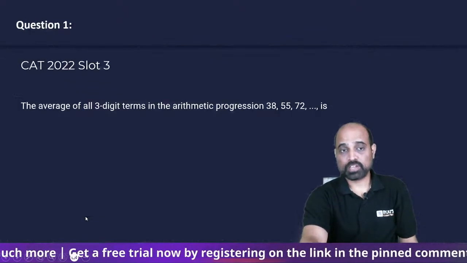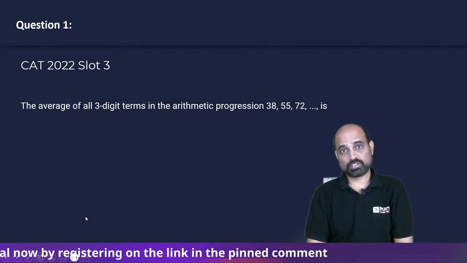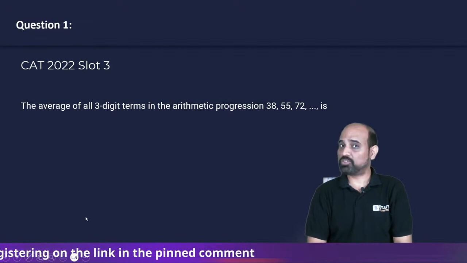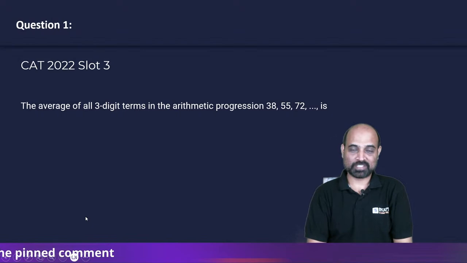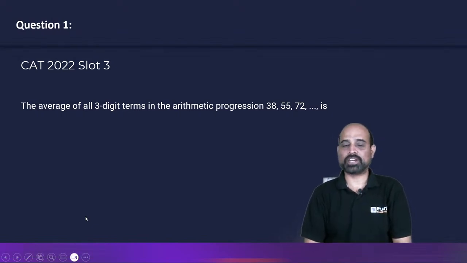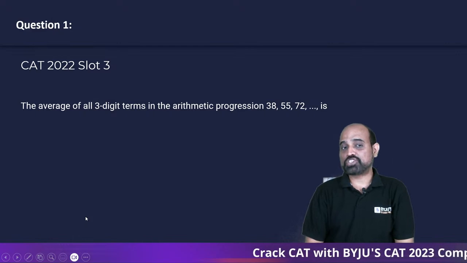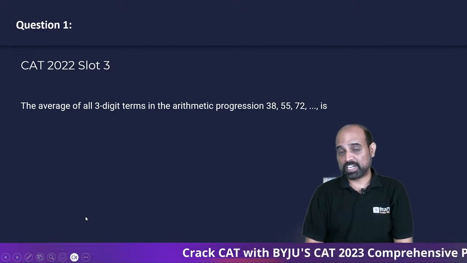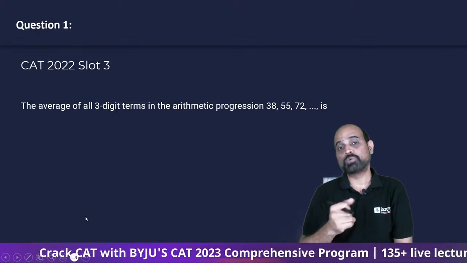So ratios and percentage take up the entire arithmetic. So we are going to look into previous year questions wherein the questions are not from arithmetic, but are solved using arithmetic concepts. Like this question, this is the first question, slot 3 CAT 2022, last year's third slot question. Here the average of all 3-digit terms in an arithmetic progression 38, 55, 72 and so on is going to be what?